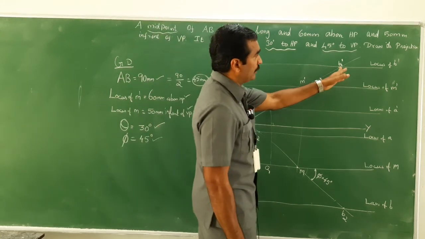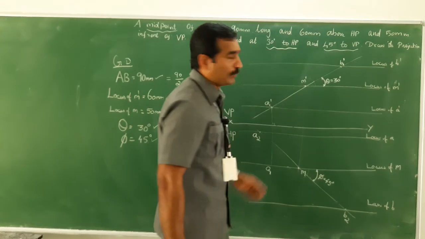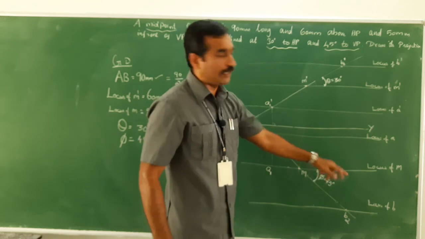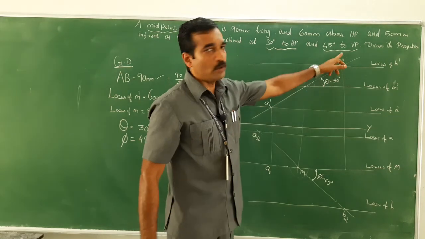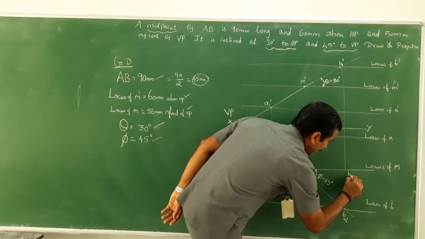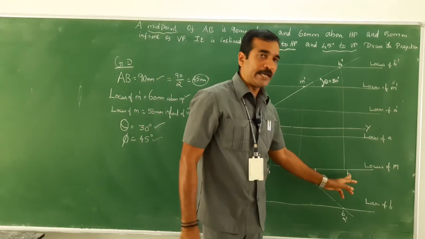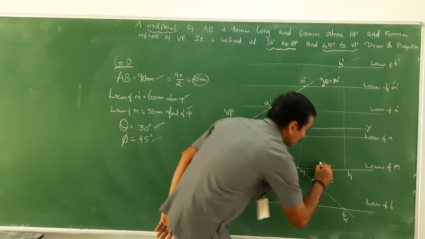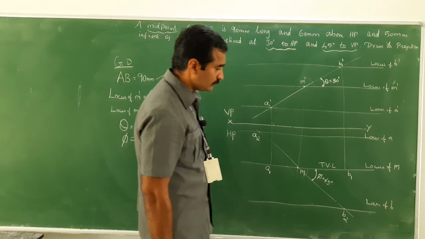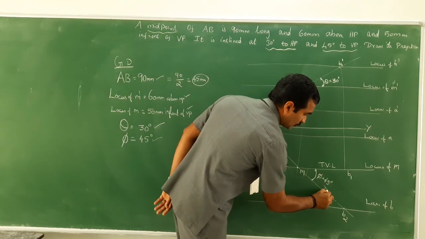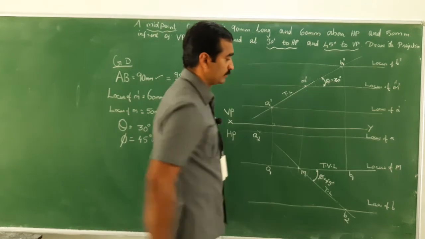Similarly, for the point B1 dash, draw a projector which should be perpendicular to XY and till it intersects the locus of M. And B1 dash becomes B1. And the distance between A1 and B1 is nothing but the top view length. And A2, B2 is the true length. Similarly, A1 dash, B1 dash is the true length.